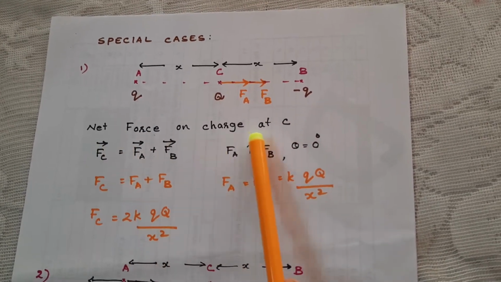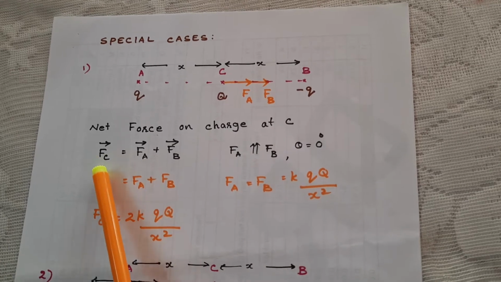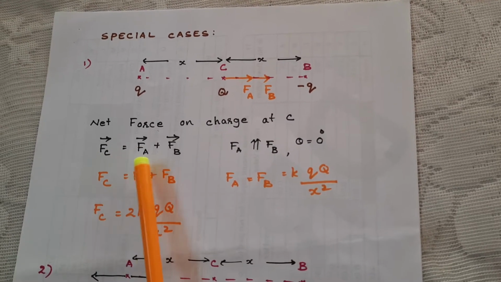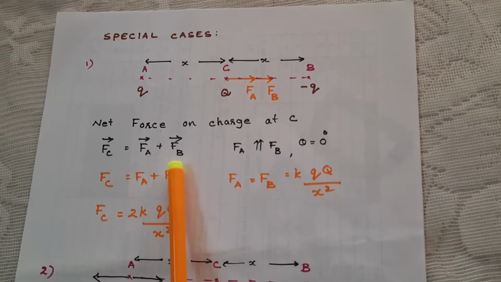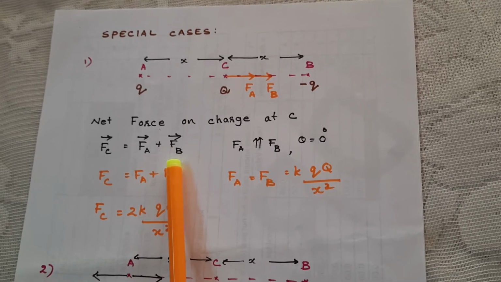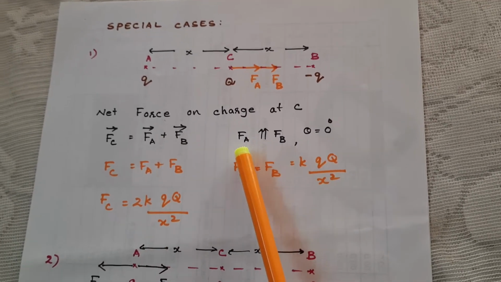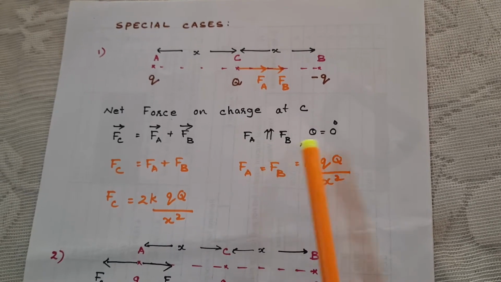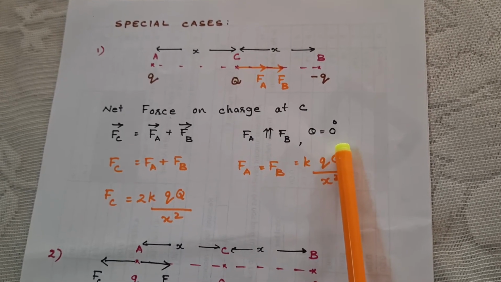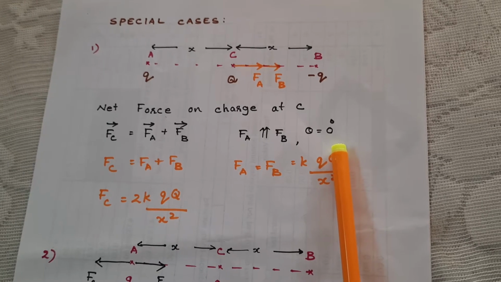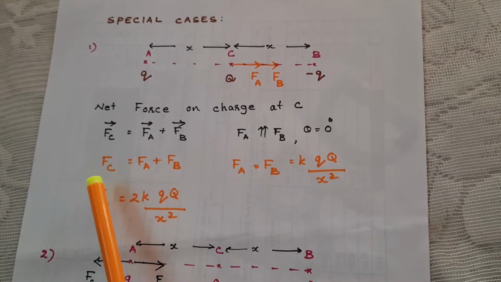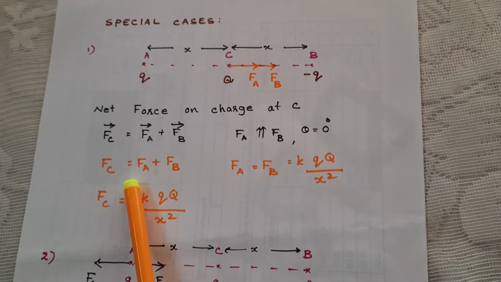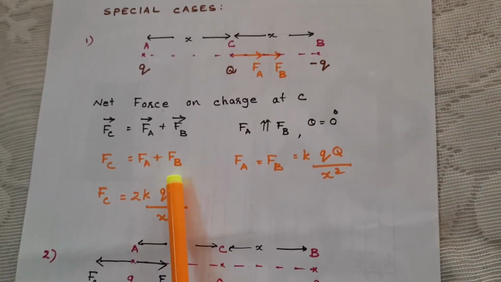The net force on charge at C, Fc, is the vector sum of Fa and Fb. Fa parallel to Fb, both are in the same direction. Then theta is equal to 0. So according to parallelogram law, Fc is equal to Fa plus Fb.